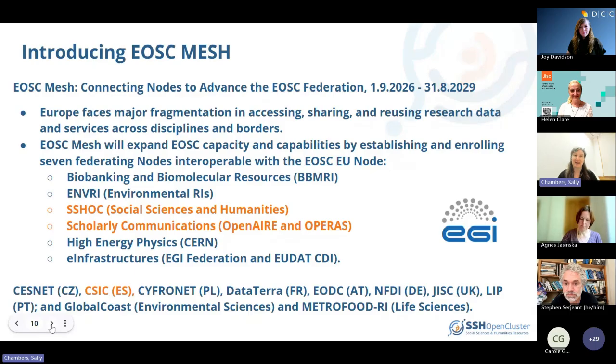This is the EOSC Mesh project, and here we are working with the social sciences and humanities to help them be connected to EOSC as well. Another node that may be of interest is the scholarly communications node, which is together with OpenAIRE and OPERAS. You'll see that JISC is also one of the partners involved in the project, so it would be interesting to make the interconnection there with the EOSC Mesh.